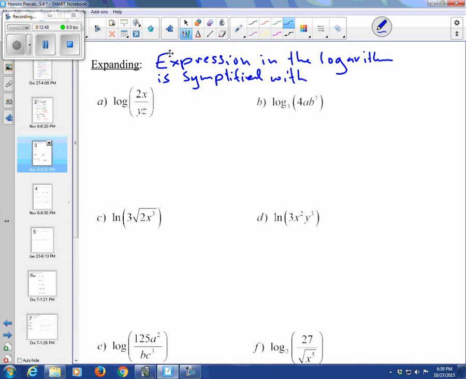with, let's say, a multiplication of bases raised to powers.